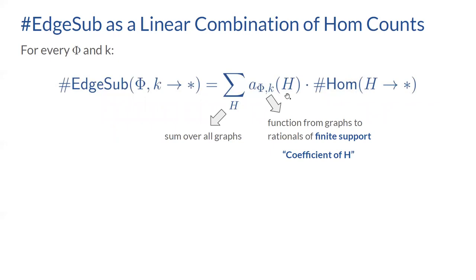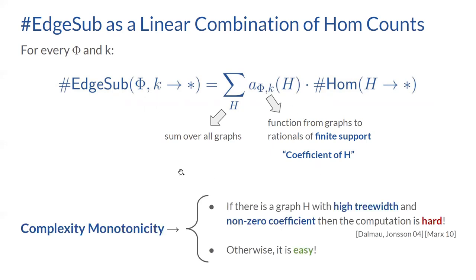And in what follows, I will just call a_{phi,k} of H the coefficient of H. And then, using complexity monotonicity and known results on graph homomorphism counting by Dalmau, Jonsson, and Marx, we get that if there is a graph H such that H has high tree width and a non-zero coefficient, then the computation of this linear combination and thus our problem is hard, and otherwise it is easy.